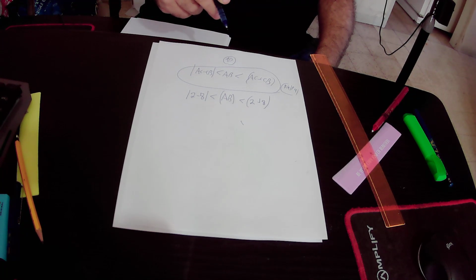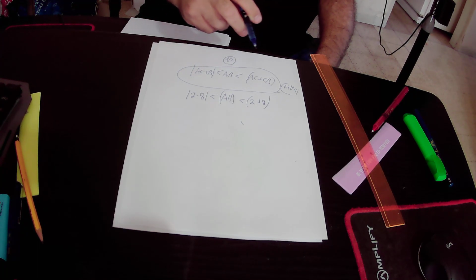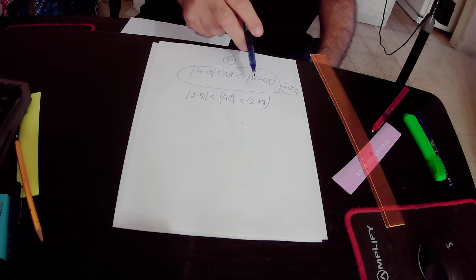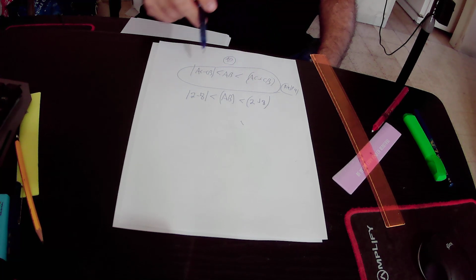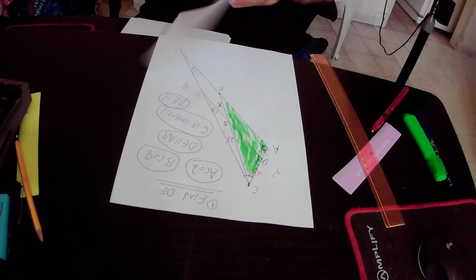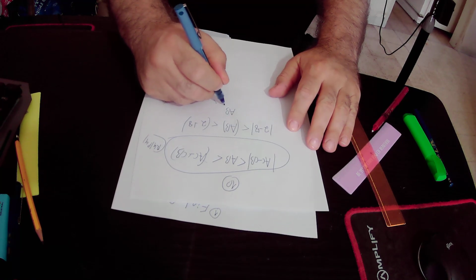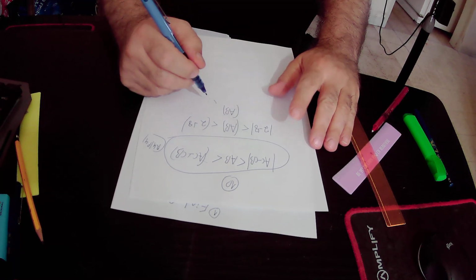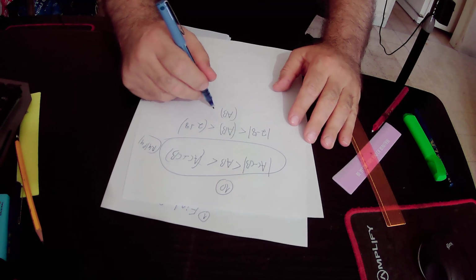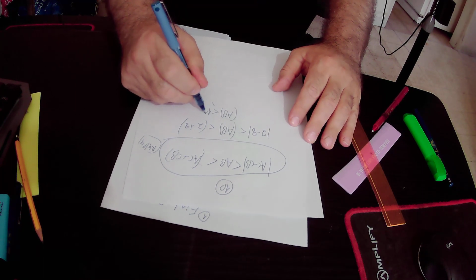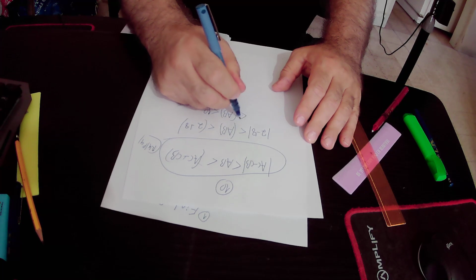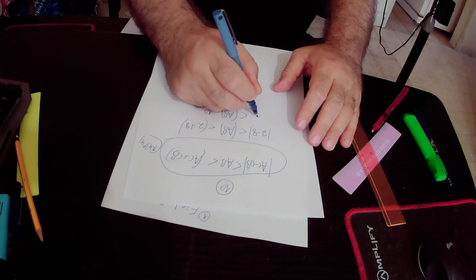So actually AB is smaller than 2 plus 8, and it is greater than the absolute value of 2 minus 8. Okay, we will get that AB is smaller than 2 plus 8 is 10, and it is greater than the absolute value of 2 minus 8 is minus 6.